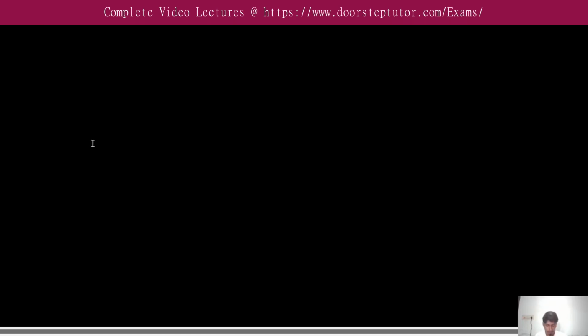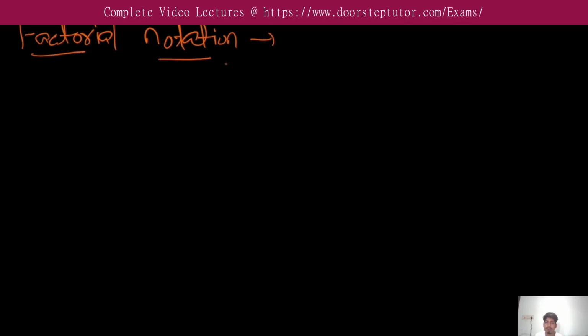Now we start our factorial notation. This is also an important basic concept, and factorial notation is used in every chapter, like probability. What is factorial notation?